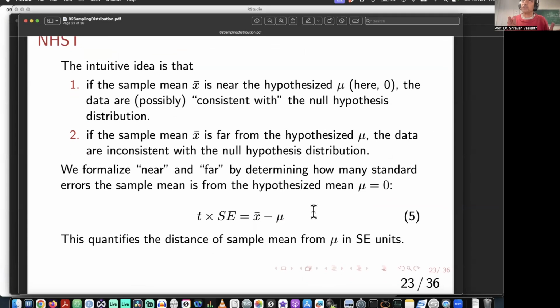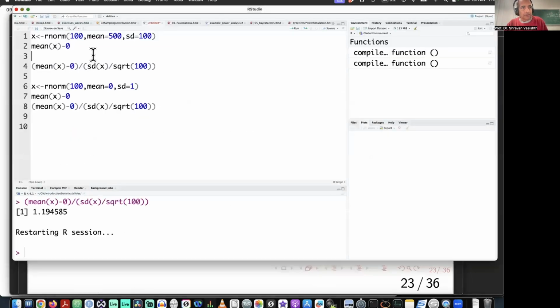Now, one thing to notice is that the distance will depend on the scale of the data, right? To give you an example, suppose I'm taking a sample of 100 data points from mean 500 and standard deviation 100, right? And suppose my null hypothesis is that mu is zero. Of course, it's not zero, but suppose that that's my null hypothesis.